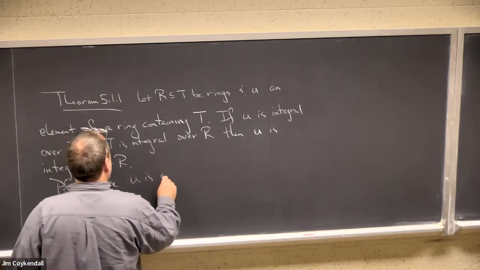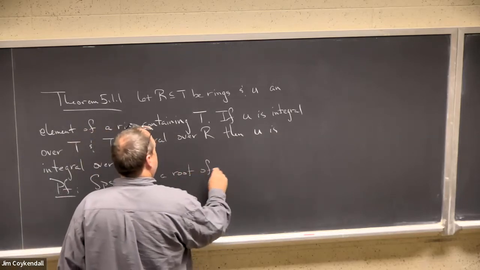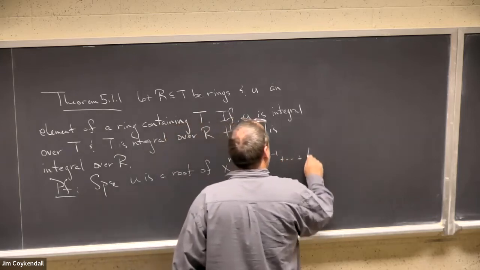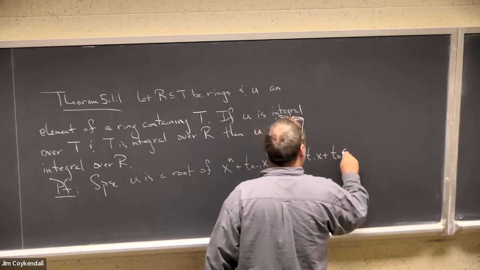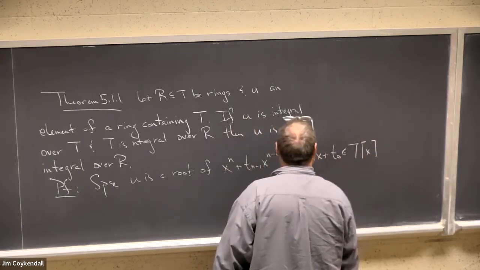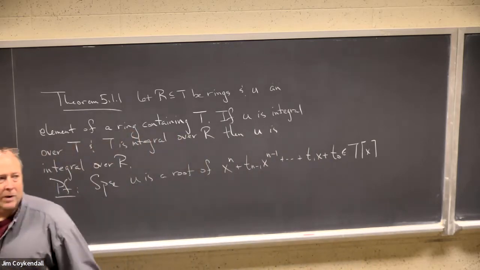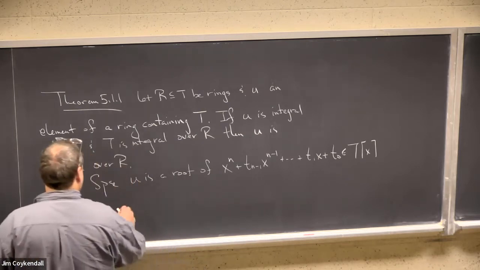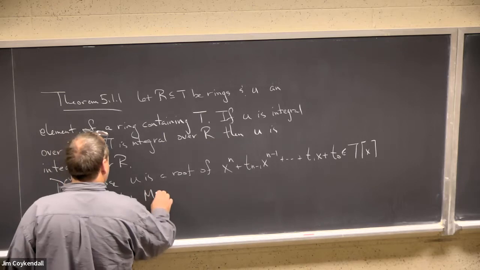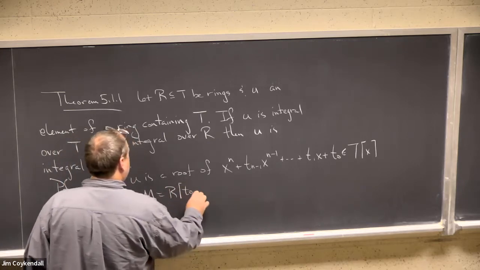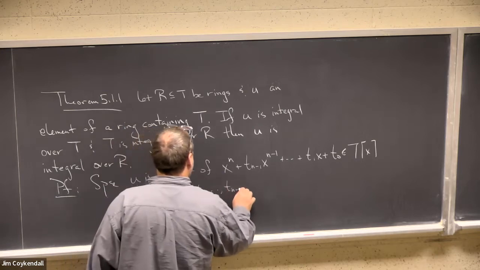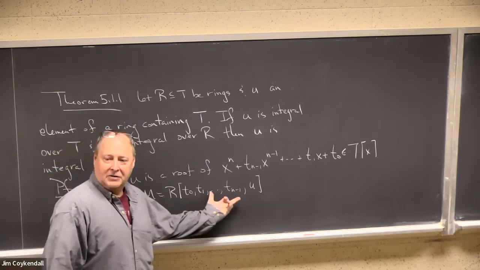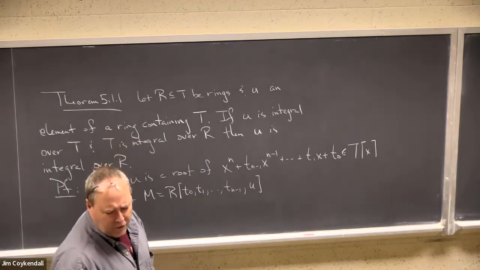So suppose U is a root of x^n + t_{n-1}x^{n-1} + ... + t_1x + t_0. So we know that U is a root of this. Now, here's the easy observation. Let M be the ring obtained by taking R and sticking in all the coefficients and U itself, which is integral over those coefficients.